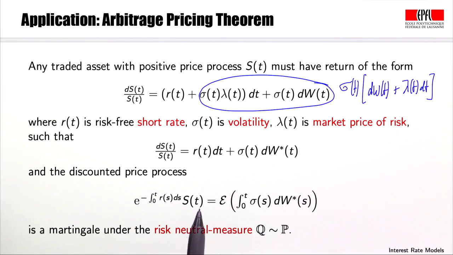First, the discounted asset price process, discounted by the risk-free numeraire, the risk-free asset, the savings account, is a martingale under the risk-neutral measure Q. And second, this martingale is given as the stochastic exponential of the martingale part of the return of the price process.